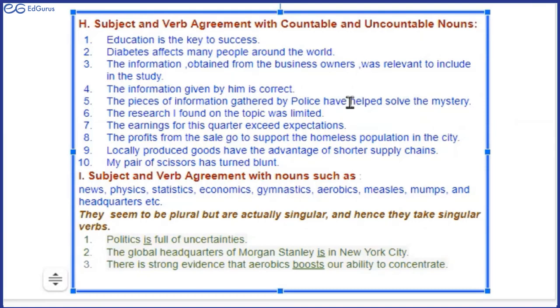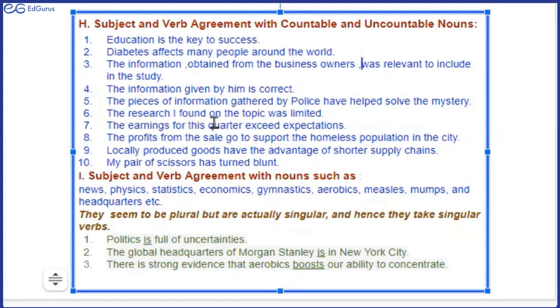We always say he has given me a piece of information. We never say he has given me many informations. He has given me some pieces of information. Pieces of information means more than one.